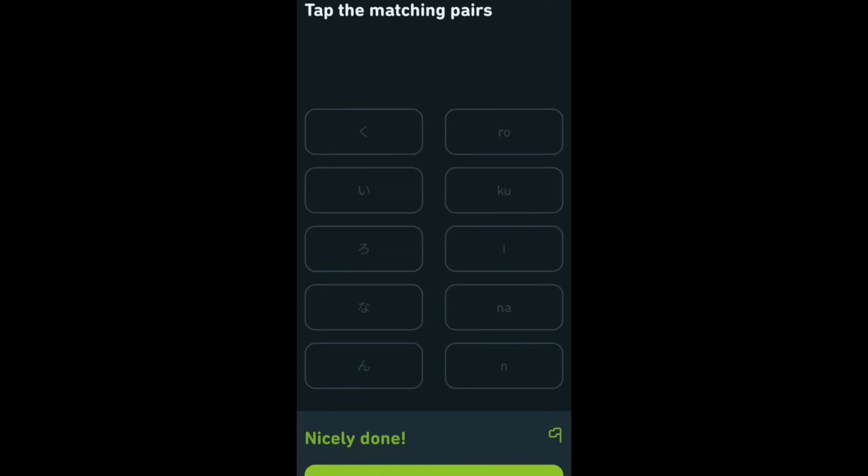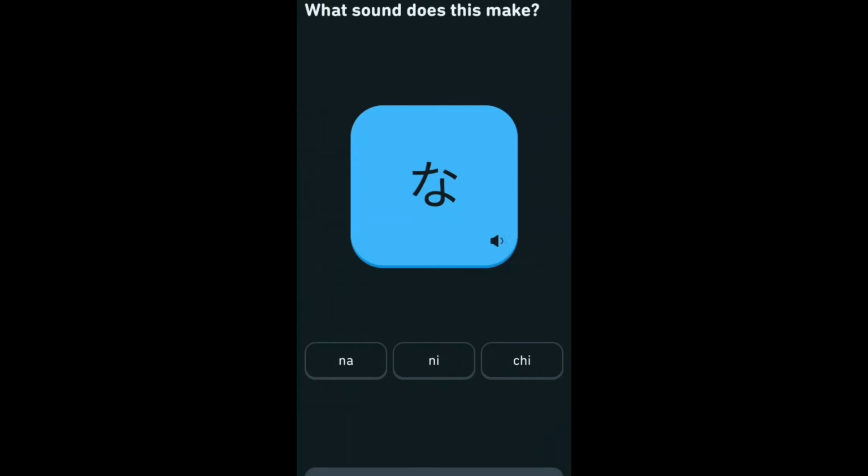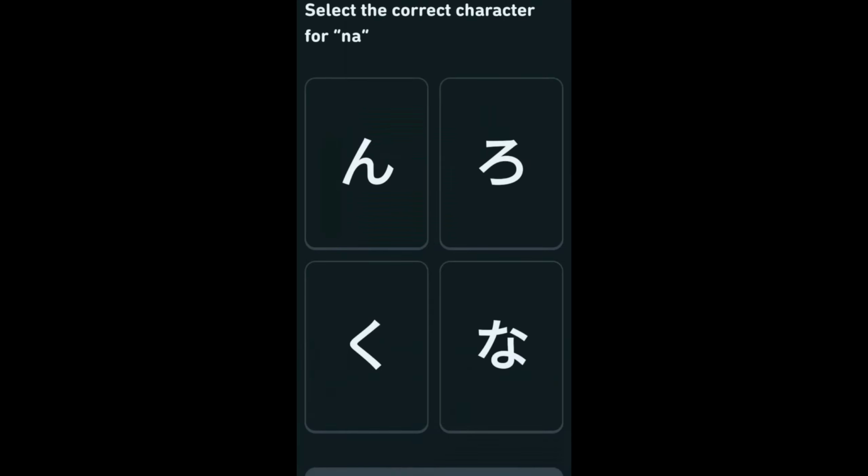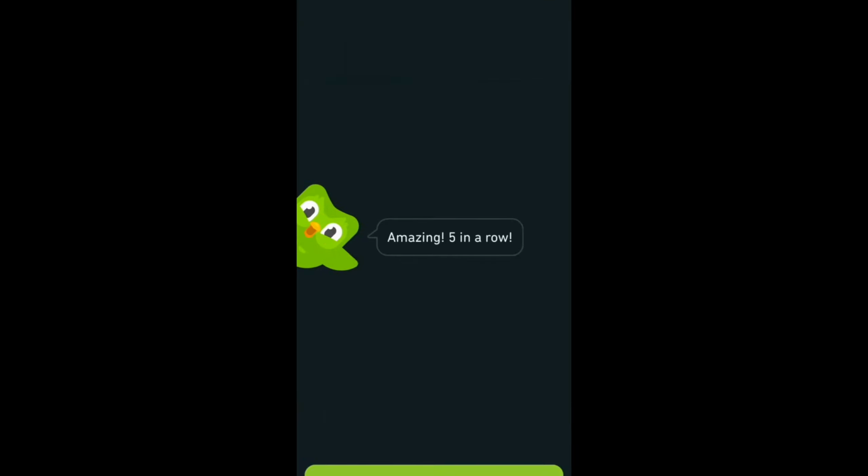So now we're going to move on. This is the character for na. Right, well done. Now what is the character for na? We just did this. Na. Right, the 4th one. Great.